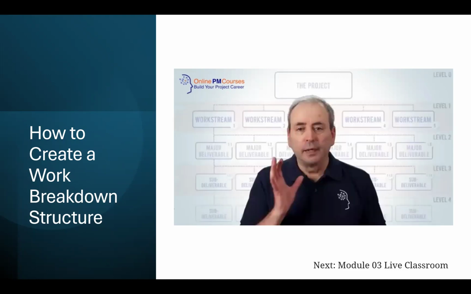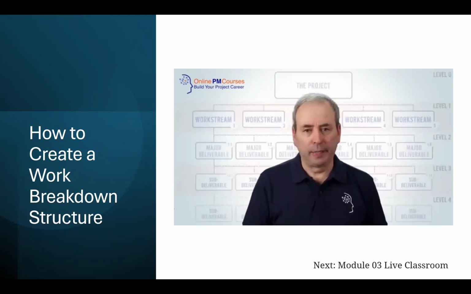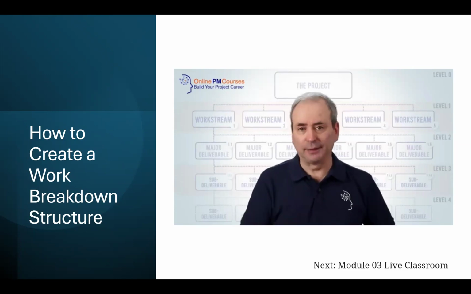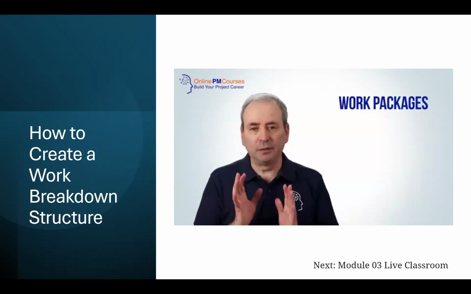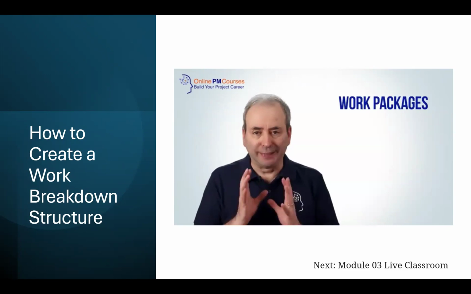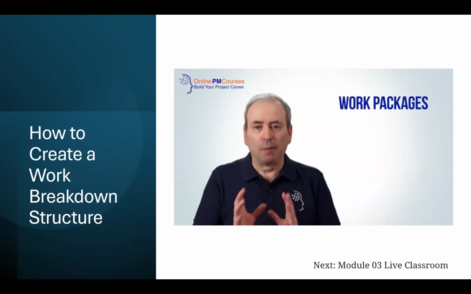Now you've got your deliverable-based work breakdown structure, how do you understand the tasks, the activities it takes to create your project? The first step is to create work packages, to identify deliverables or groups of deliverables that need to be created together and set up work packages that collectively develop those deliverables.